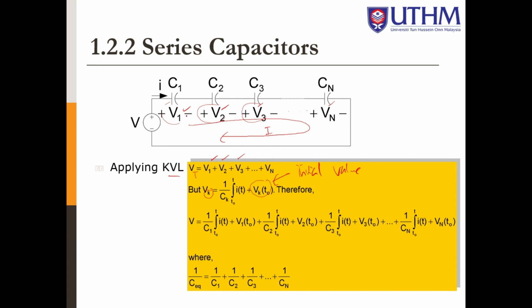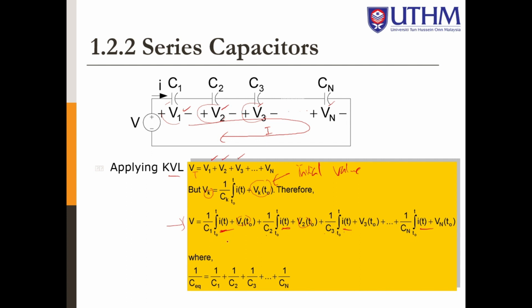Since we have the same current for each capacitor but different voltage equations, the total voltage equals 1 over C1 times the integral of i dt, plus 1 over C2 and so on.